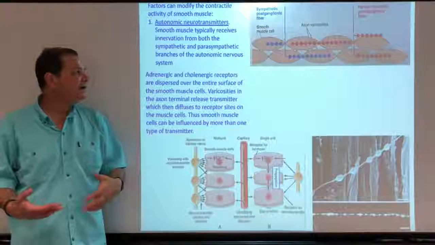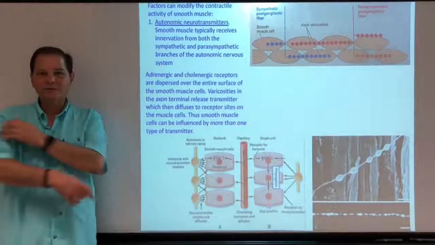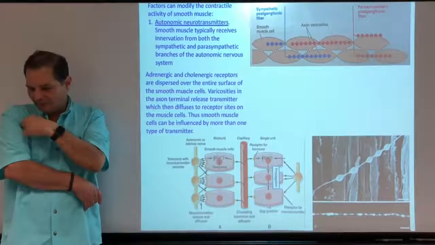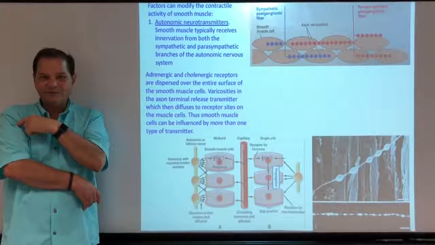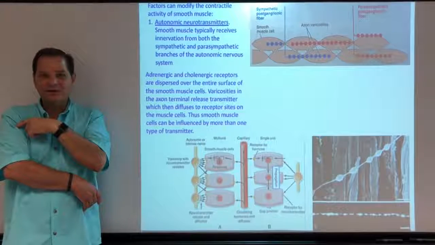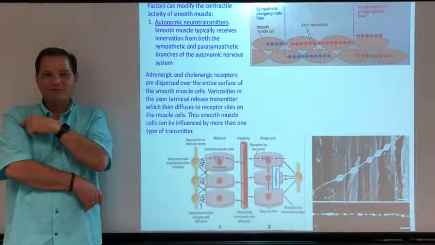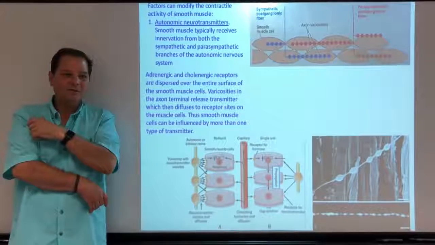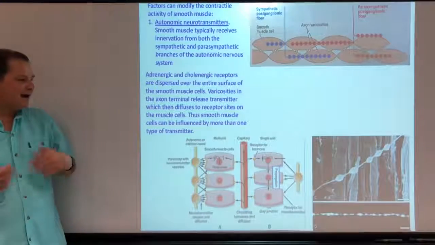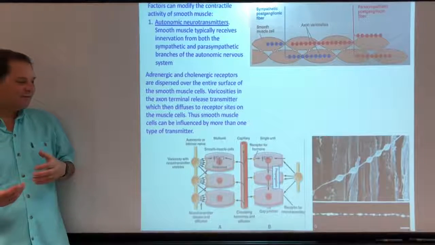We're used to thinking of nerves acting upon muscle like skeletal muscle, where a nerve will come in and interface with the muscle at a neuromuscular junction and cause that muscle to contract. The autonomic nervous system works differently.